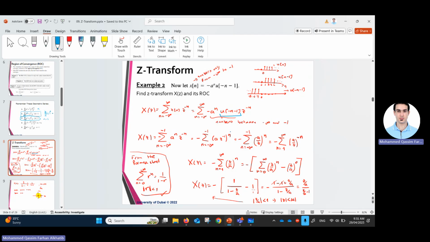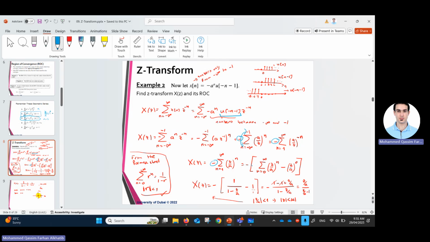So here is my expression, and there you go, reverse the limits of the summation. So it's going to be from 1 to infinity, and you have negative n, a over z. Then we have the negative here, that's from the beginning. This has always been there, so let's not forget it.